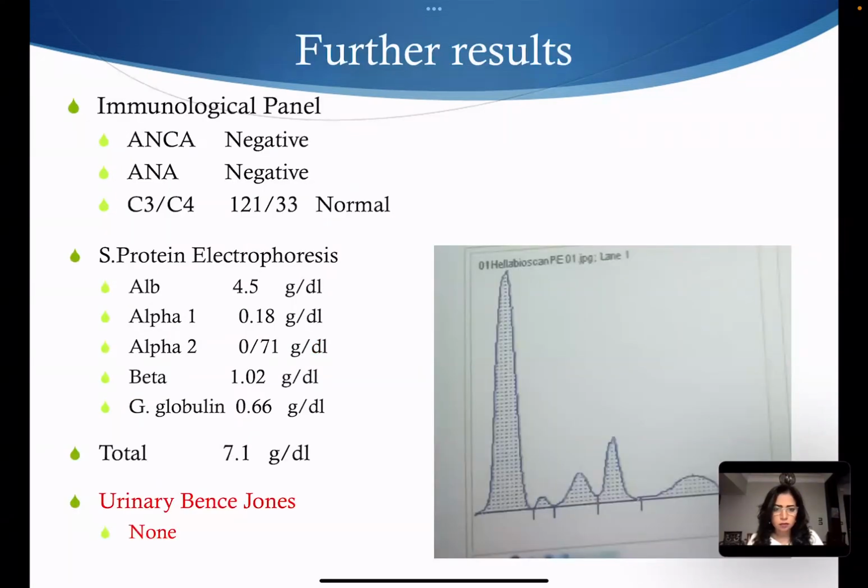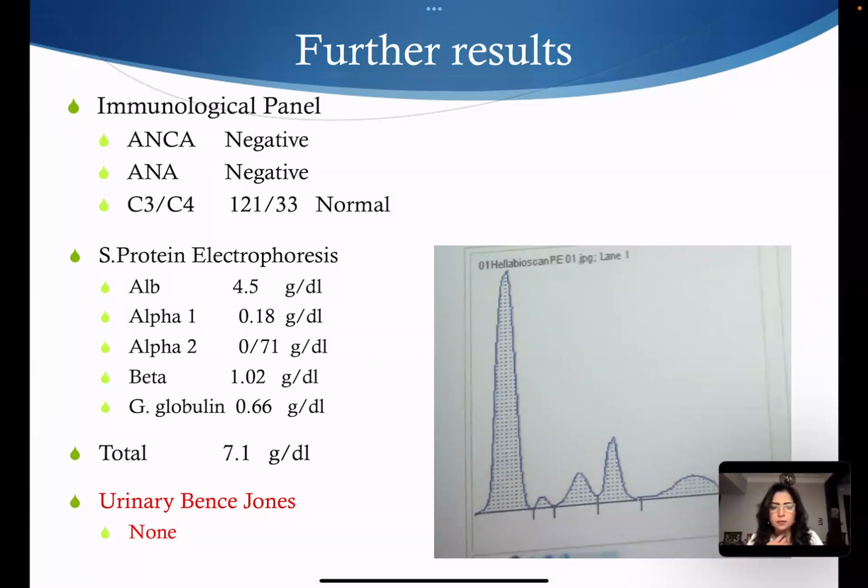And the patient had his immunological pattern. ANCA, ANA, and the complement components were all normal. And the serum protein electrophoresis was unfortunately negative, and even the urinary Bence Jones protein was negative. So this is a negative case of a serum protein electrophoresis that shows no M band.